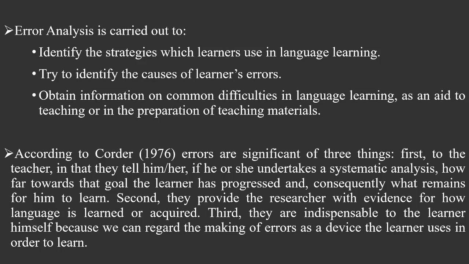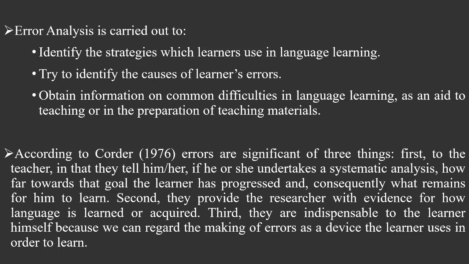Second, they provide the researcher with evidence of how language is learned and acquired. Third, they are indispensable to the learner himself because we can regard the making of errors as a device that the learner uses in order to learn.